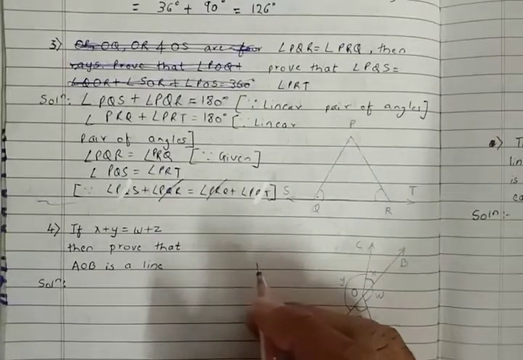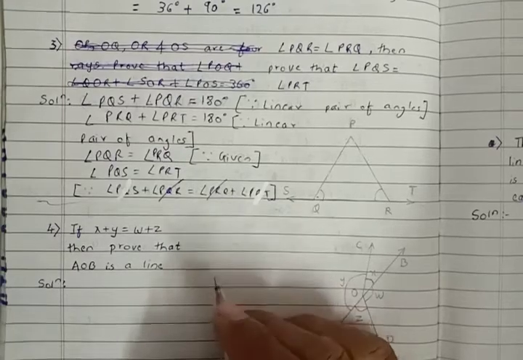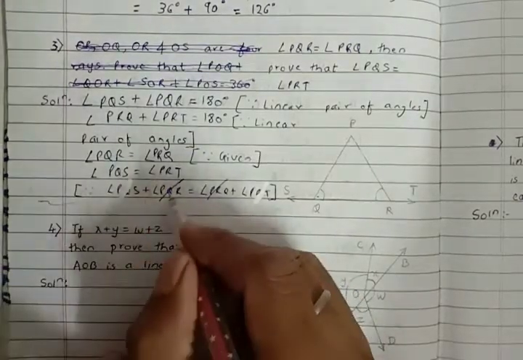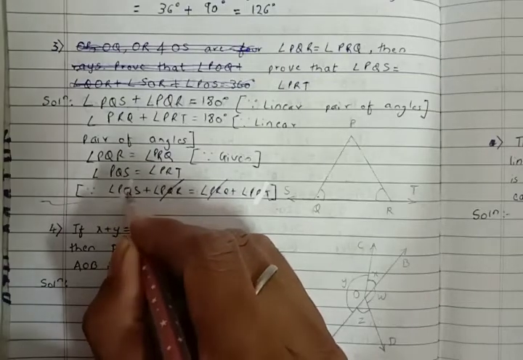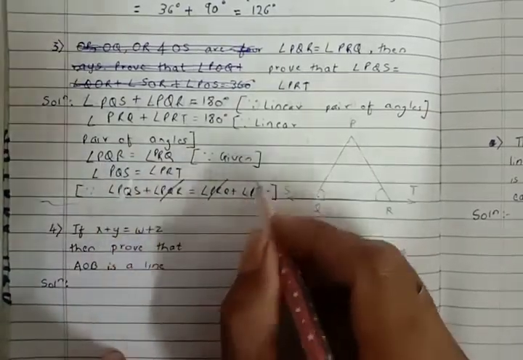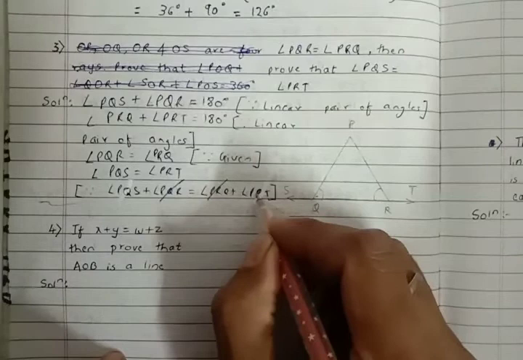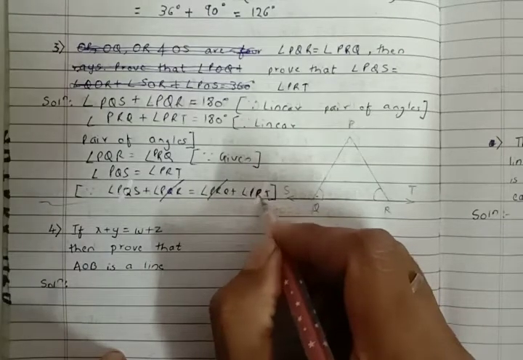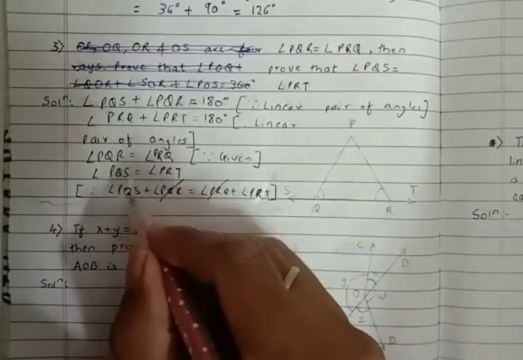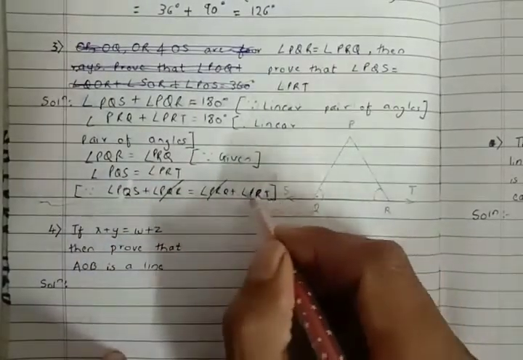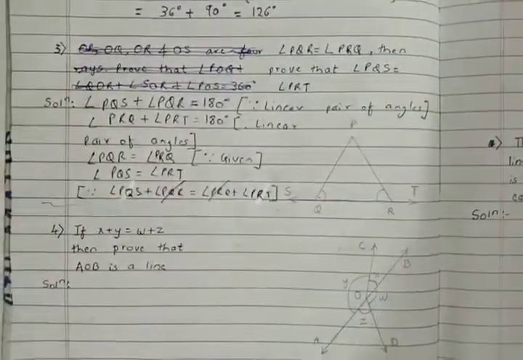Now since PQR is equal to PRQ as given, we will cancel these two, and what will remain is PQS equal to PRT. So we have solved question number 3.